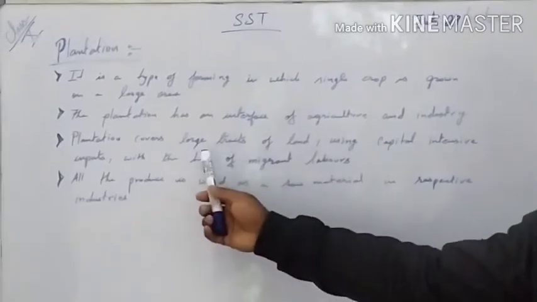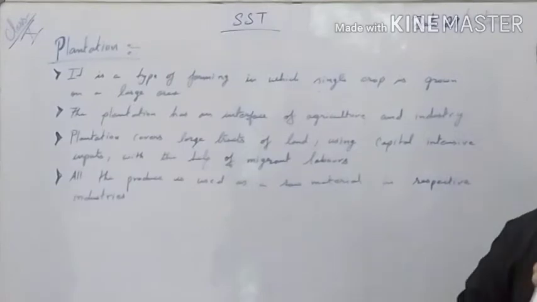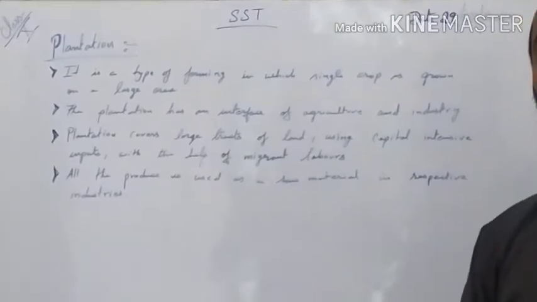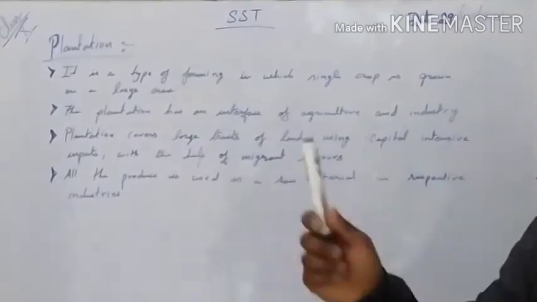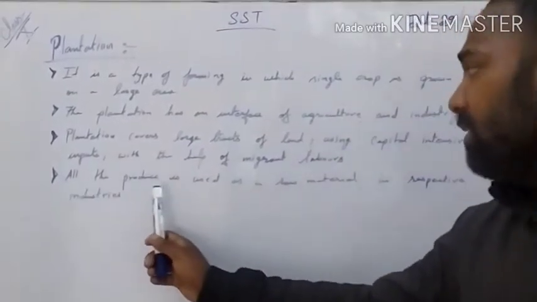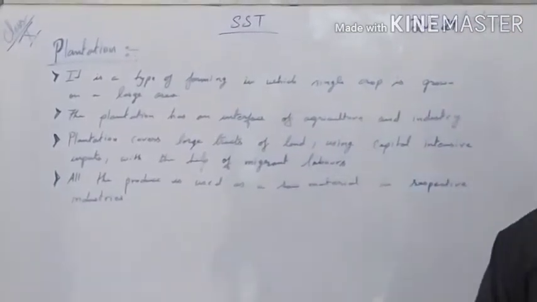As we have already understood, it covers a large tract of land, that means a vast area is used for cropping a single crop, and that is why it is called a plantation. All the produce is used as raw material by the respective industries.